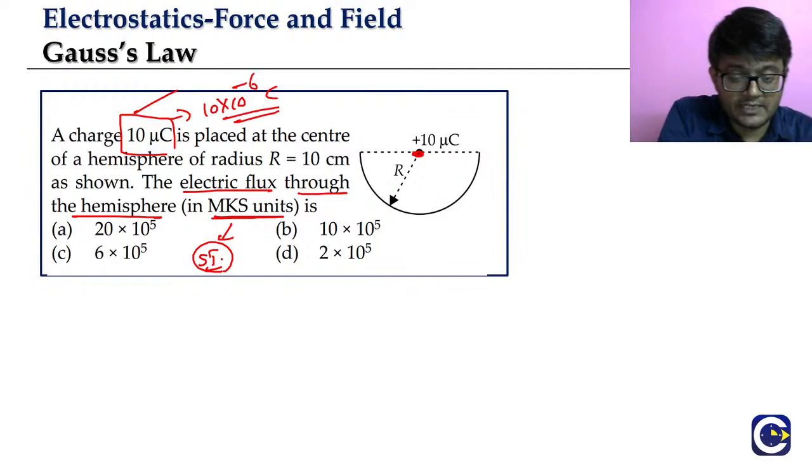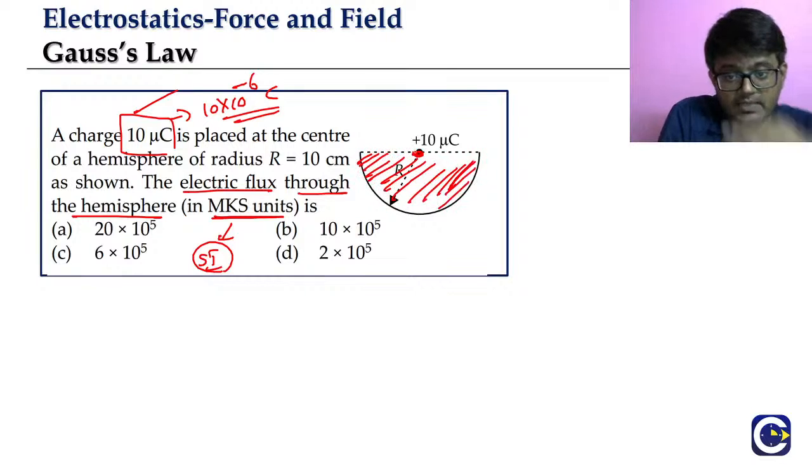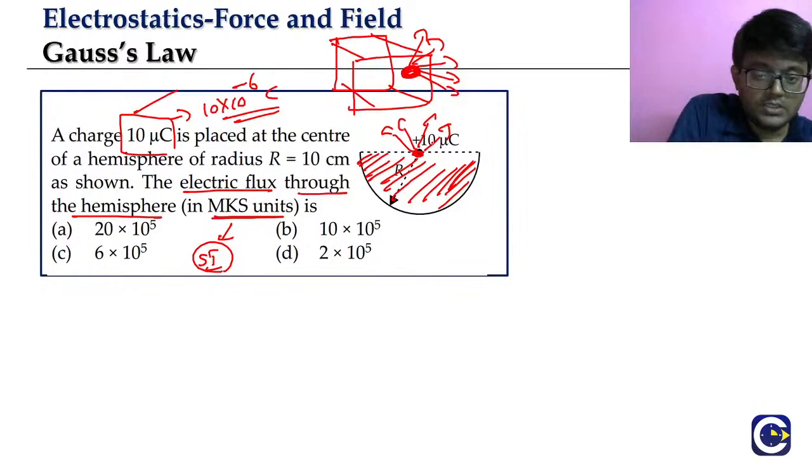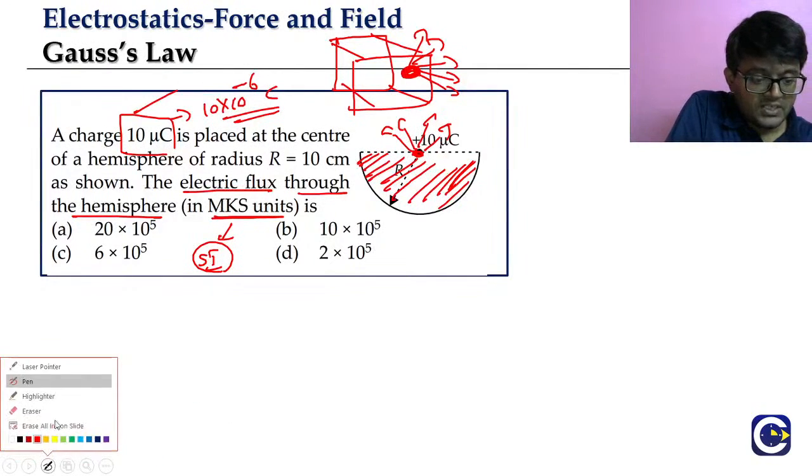In the hemisphere, we have the surface on only one side, like the center of the cube, or the center of the face of the cube example you have seen. On one side you have the cube, and on the other side the field lines will just go away, going outside. See, on this side the field lines will be going away like this. So how do you think about solving the question? Think about it.